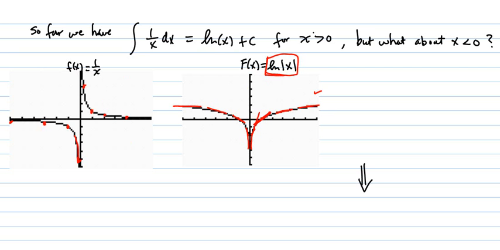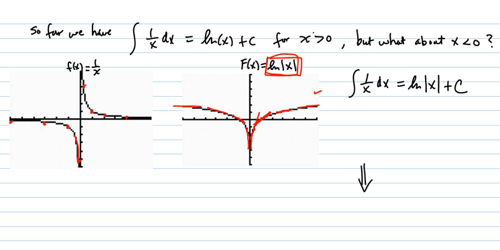Log absolute value of x solves all our problems for that integral. So the final answer to that is the antiderivative for 1 over x dx is log, natural log, of absolute value of x plus the constant.